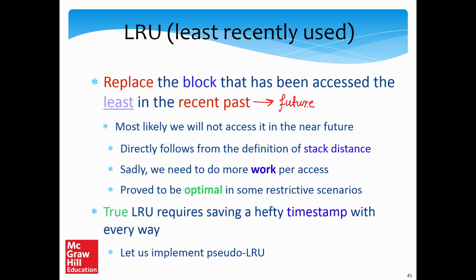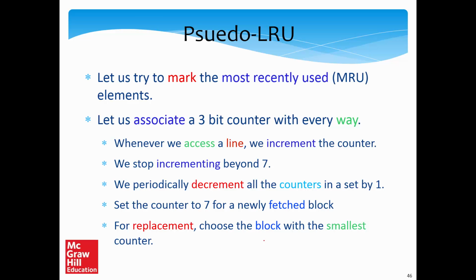It would involve a lot of work, and it's not possible to do that with a limited number of bits in hardware, even though this approach has been proven to be optimal in some scenarios. So true LRU is hard. Let us instead implement something called pseudo-LRU, which in a sense gives us most of what LRU promises.